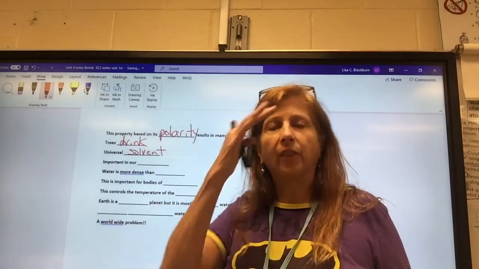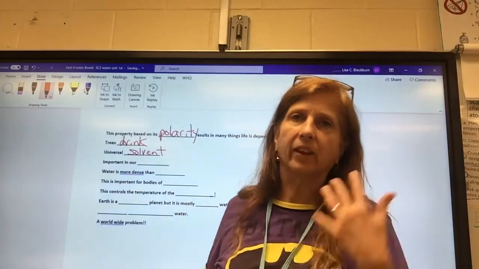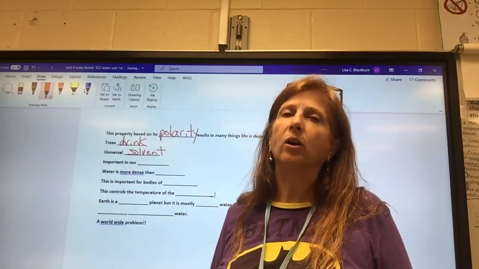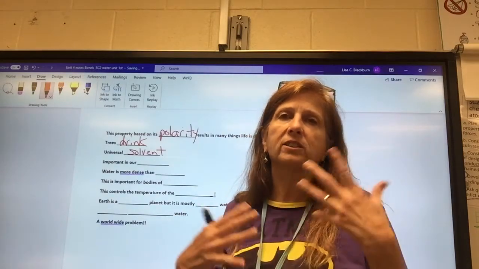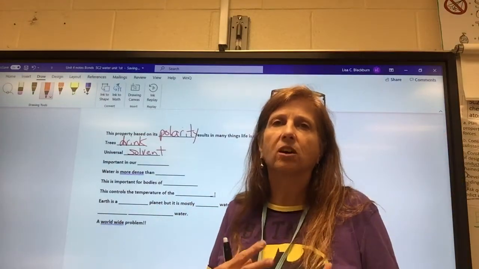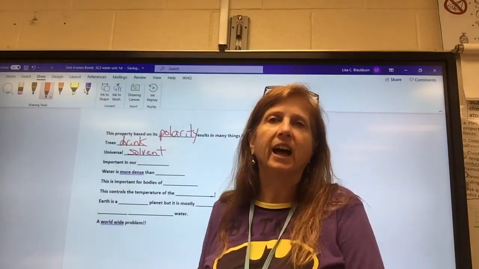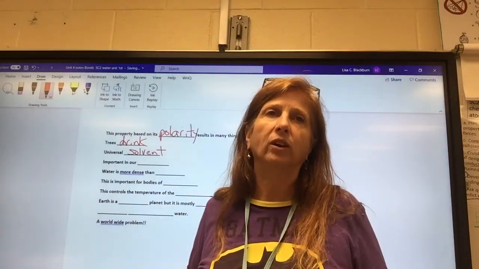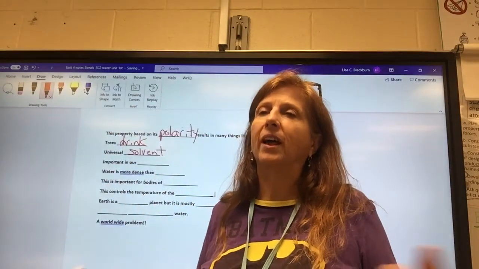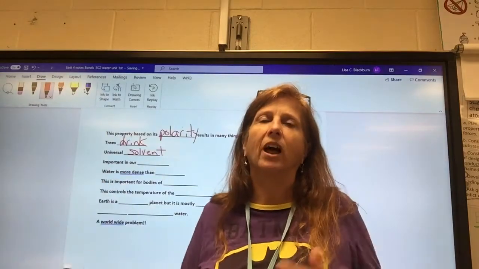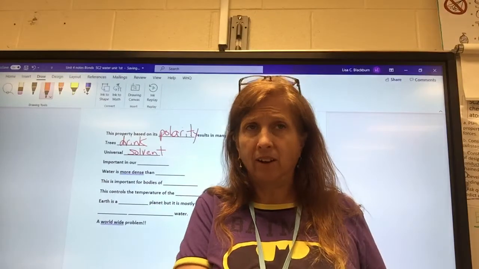It's very important that things dissolve, not only in our bodies, water carrying everything around, but also for just like the oceans. The oceans have all of these nutrients dissolved in it. It supports aquatic life. If the oceans died, would we have life? No. Remember biology, the web of life, how we're all connected, all life is connected, and if one part of an ecosystem dies, it can all die.